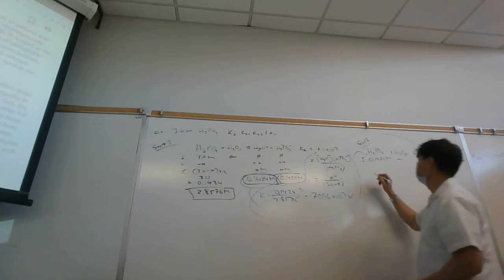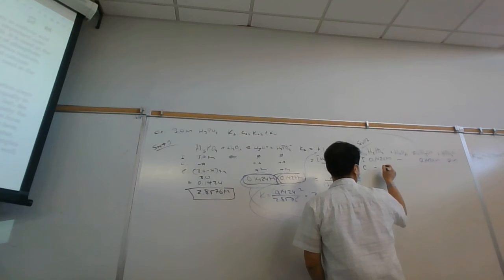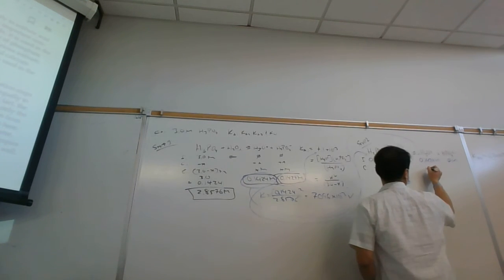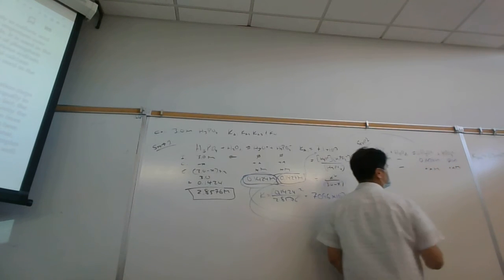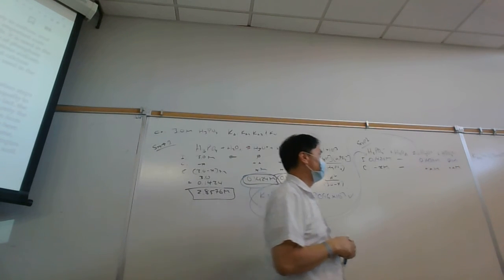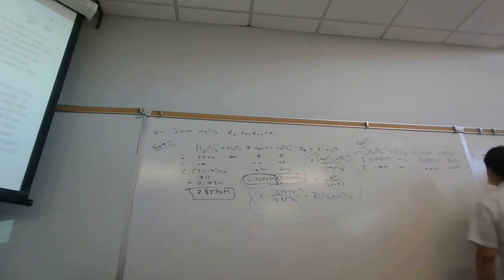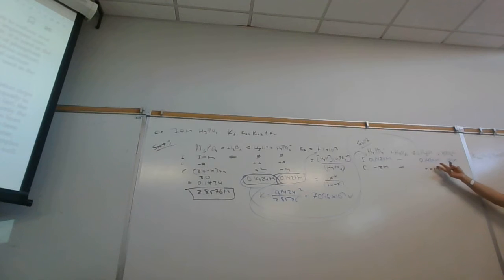The change here is minus X molar, plus X molar, plus X molar. But the change normally wouldn't be very significant because it's 10 to the minus 8. Moreover, we already have a bunch of hydronium in here, so we expect even less forward reaction.